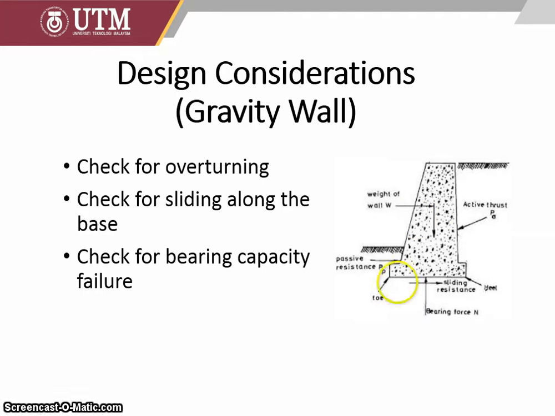So we just focus on how the soil affects the retaining wall, not on designing the retaining wall itself. But when we know how much the pressure is, we can suggest the design of the retaining wall. Once we know the pressure, we can check for overturning of the wall, sliding along the base, and also bearing capacity failure.